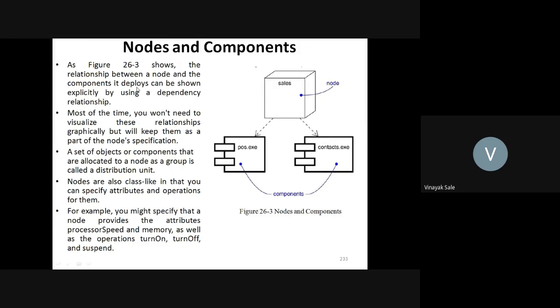The deployment can be shown explicitly using dependency relationships. Most of the time you won't need to visualize these relationships graphically, but will keep them as part of the node's specification. So here, see this figure carefully.